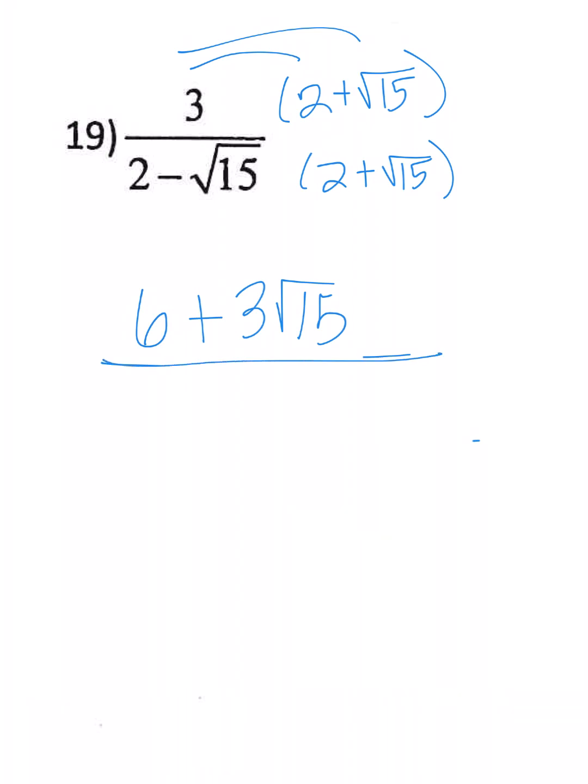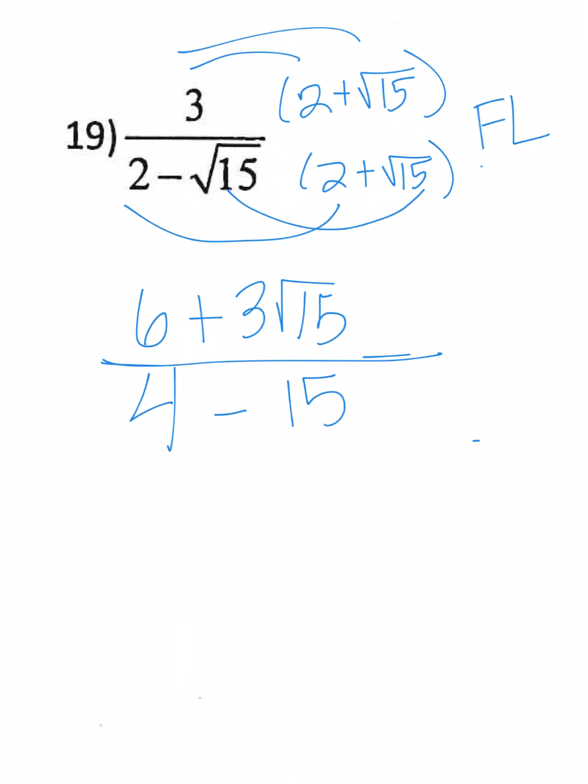And on the bottom, remember that I have conjugates, so I can do the shortcut of just doing F and L. So my first 2 terms are going to be 2 and 2. That's going to be 4. And my last 2 terms are going to be negative radical 15 and positive radical 15. So I know that's going to come out of the house, and it's going to be negative 15.